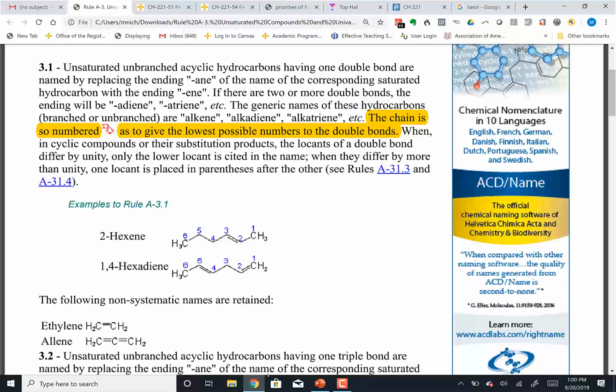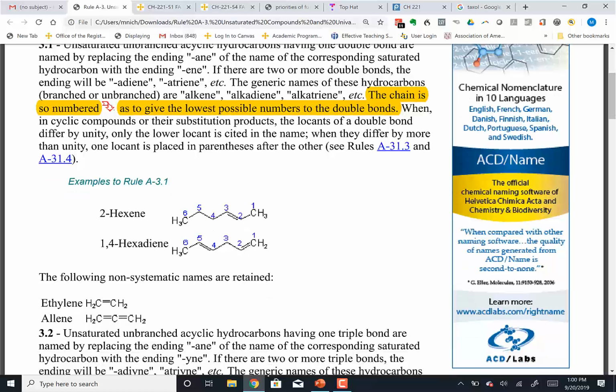So reading through this, it's like you have to be a lawyer. But first, in terms of this book, the one that's online is not the newest version because they're talking about doing 2-hexene instead of hex-2-ene.